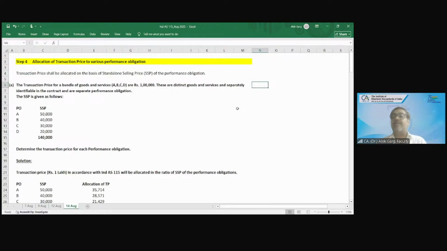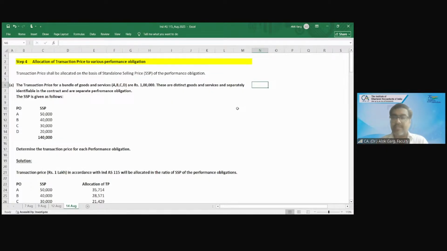Then we covered the concept of combining contracts and the concept of separate contracts. Then we discussed the next step of determination of performance obligations. We understood the concept of distinct goods and services at the goods and services level and at the contract level. And then we discussed what the performance obligation is in case there is a right of return of goods.